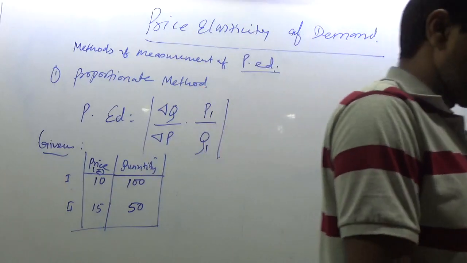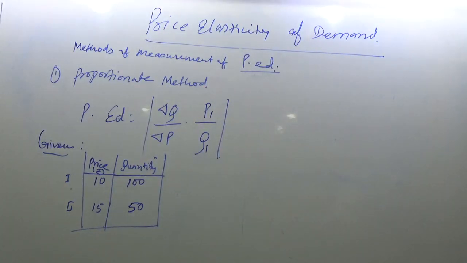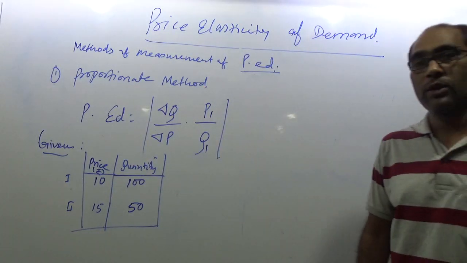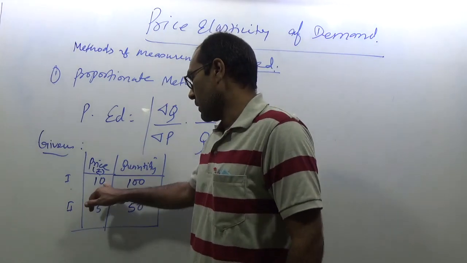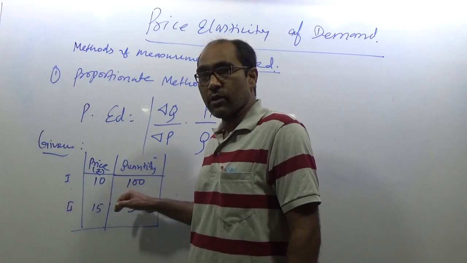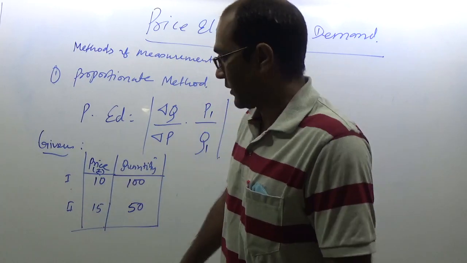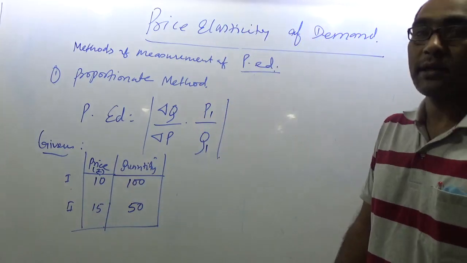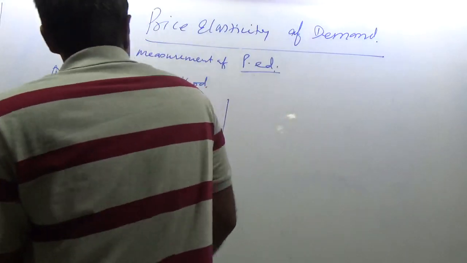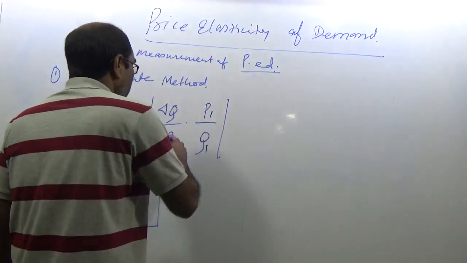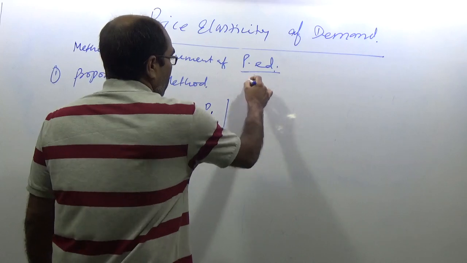From the law of demand, we are aware, higher the price, lower the demand; lower the price, higher the demand. Price was first 10, quantity 100, now price changed, increased to 15, so quantity decreased to 50. So compute the value. See the solution.